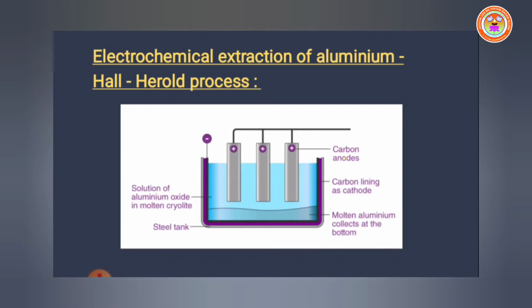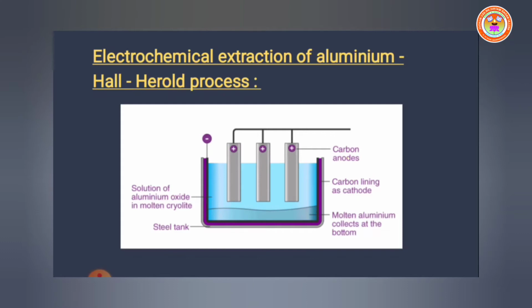Anode is the positive electrode. Cathode is the negative electrode. The electrolyte should be the salt of the metal ion.